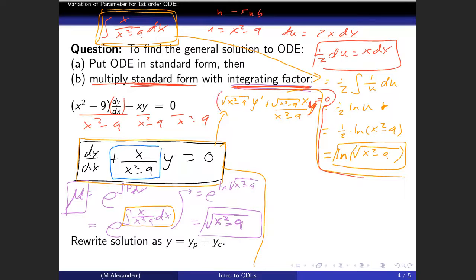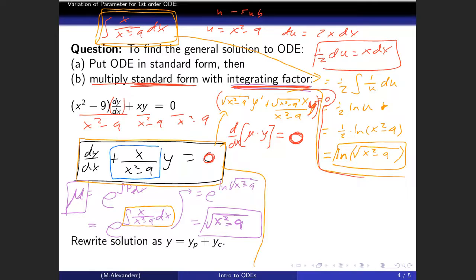So the thing that I was mentioning in the previous example is that the left side of the equation will always be equal to the derivative of the mu function multiplied by the y function. On the right side, we get a 0 in this case because we had a 0 in our equation.